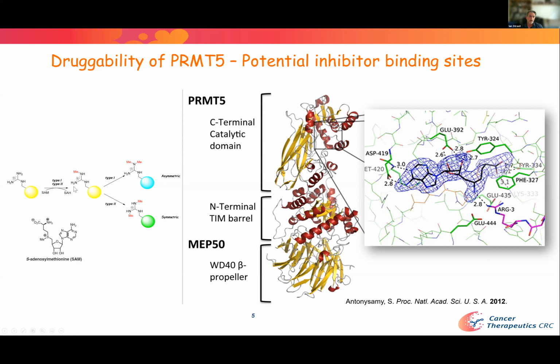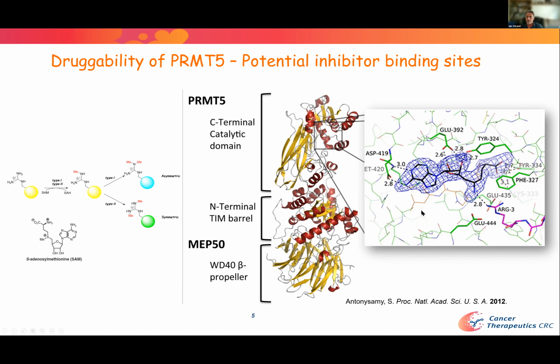Well, PRMT5 has basically got one big thing going for it, in that it's an enzyme and naturally uses a small molecule binding site. A small molecule is part of its catalytic machinery, and therefore it has evolved a nice small molecule pocket to potentially bind a drug.